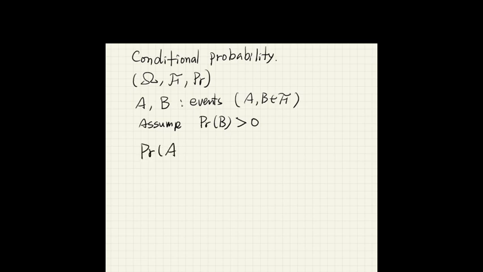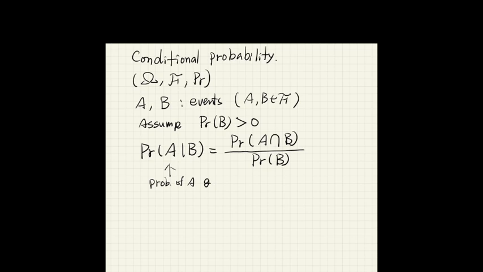Then the conditional probability of event A given B is defined as the probability of A intersection B divided by the probability of B. So it's the probability of A given B. So this is the definition of the conditional probability.